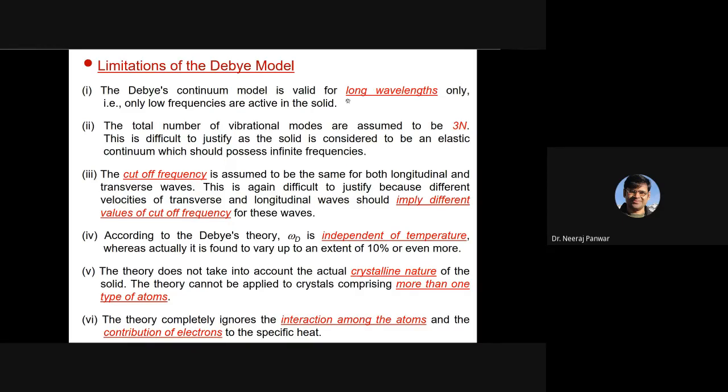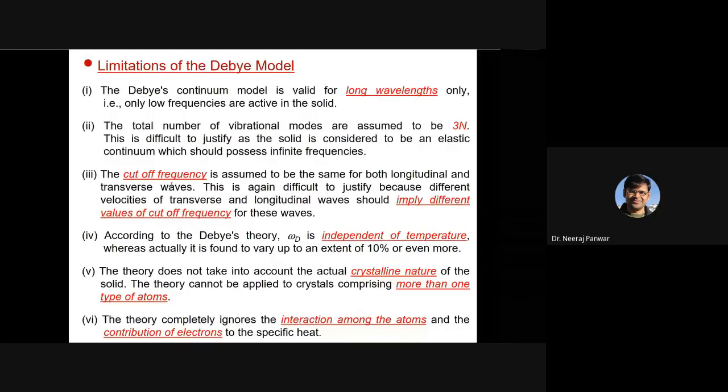The total number of vibrational modes is assumed to be equal to 3N, where N is the total number of atoms. This is difficult to justify, as the solid is considered to be an elastic continuum which should possess infinite frequencies.